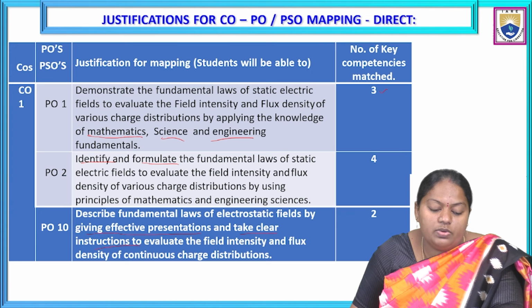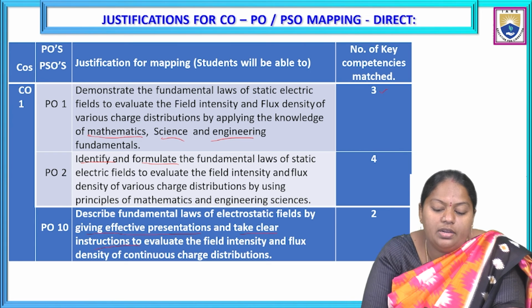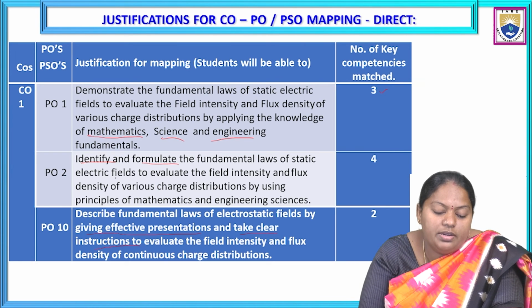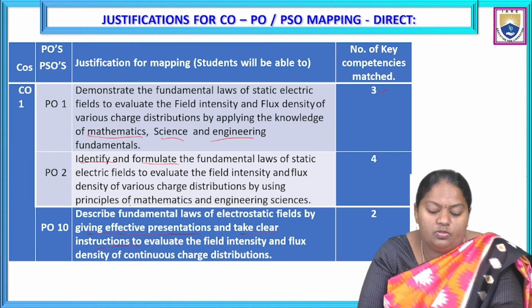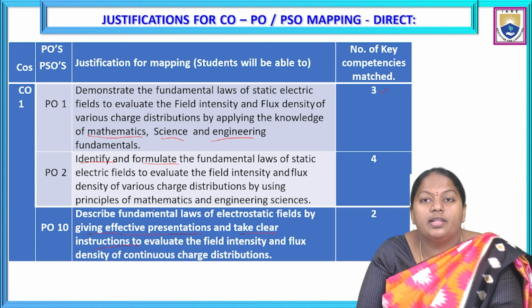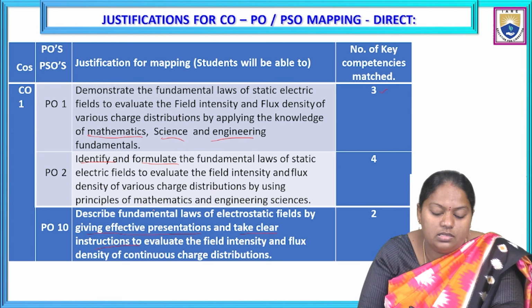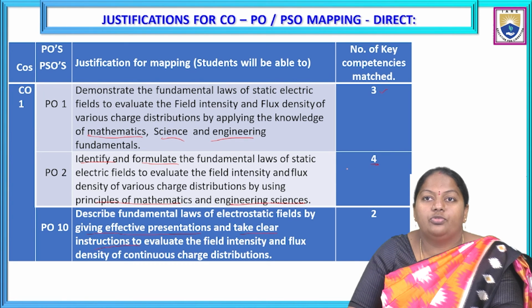And coming to the next one, in the PO2 case, identify and formulate. I have to identify whatever the values are to be given, and I have to apply some formulas to calculate whether the given one is a problem type, or I have to analyze that particular one. Then to write the formulas and to solve, I need to apply some of the principles of mathematics and engineering sciences. Based upon this, I have given the value as 4.